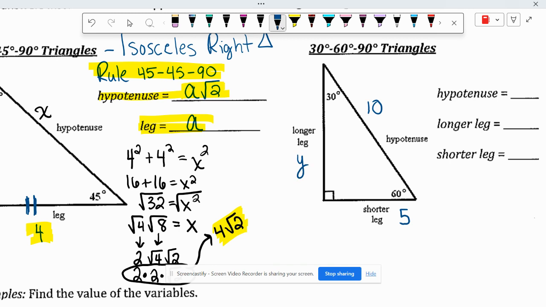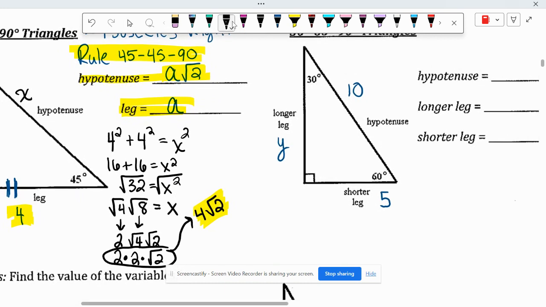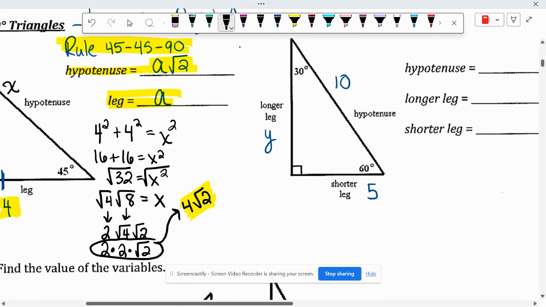Let's solve for y. So I set this one up a little bit differently. How am I going to solve this one? Still going to use Pythagorean theorem. Hopefully we see a pattern. 5 squared plus y squared equals 10 squared.